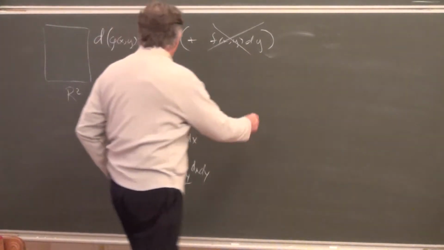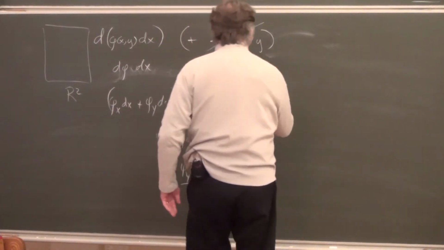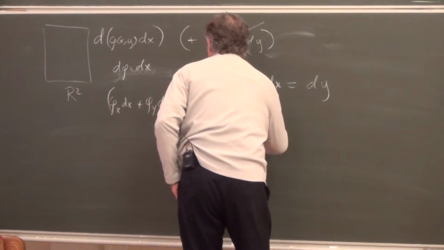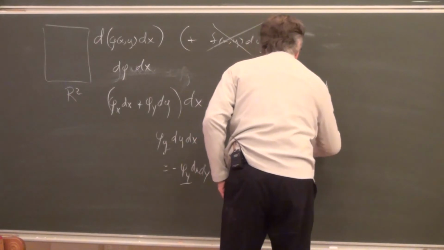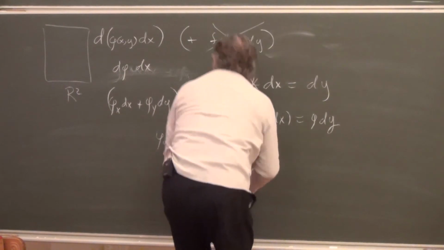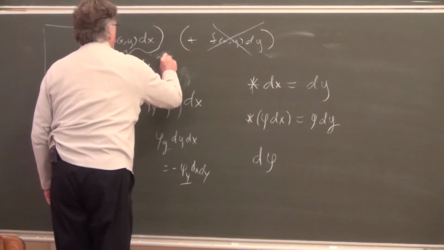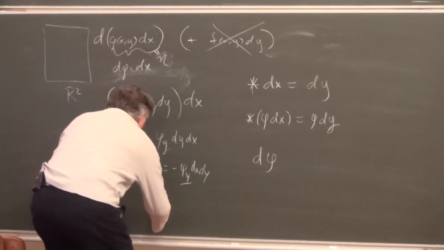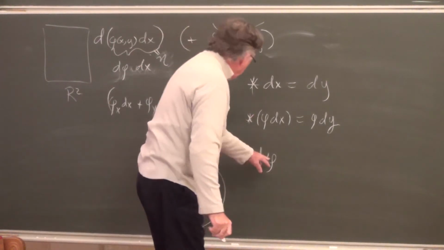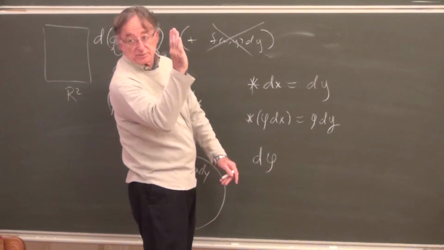Now there's this Hodge star operator, where star of dx is equal to dy. So star of phi dx is equal to phi dy. And then if you take d of star, let me call this whole thing eta. So this is d eta. Now the star of this just rotates dx into dy. Star does that.